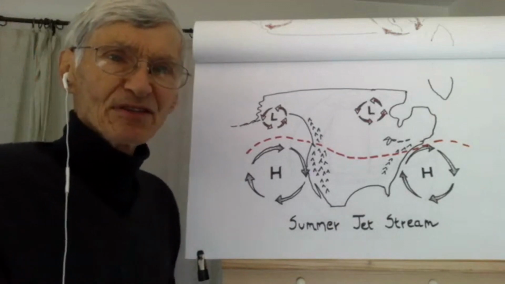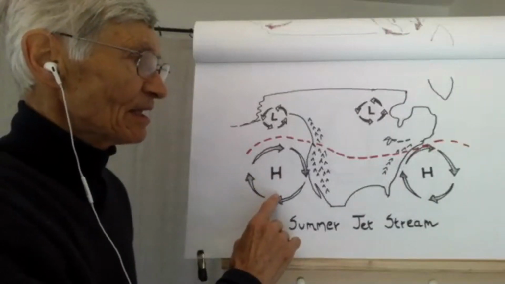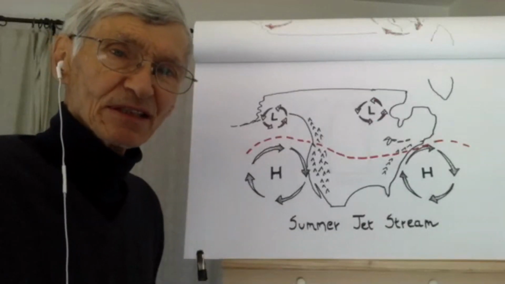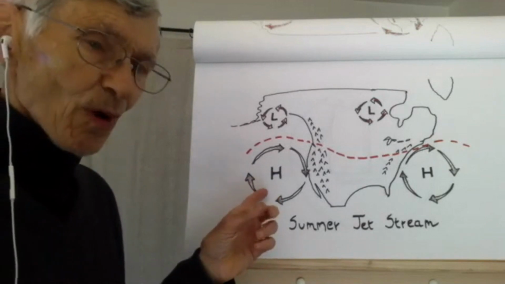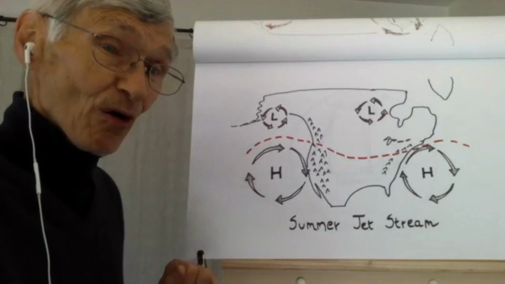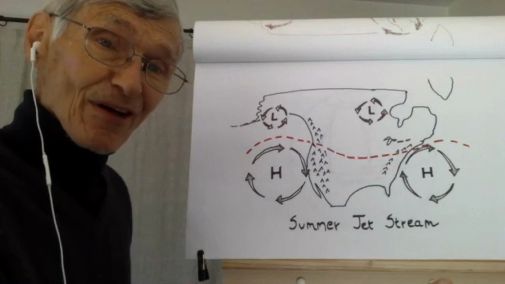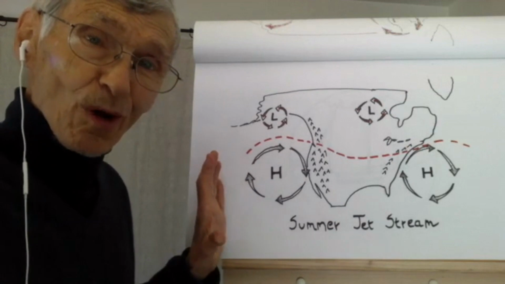And what we found in the study was that the position of the high in Hawaii is harmonic to the position of the high off of the west coast of England. And when the high over Hawaii got small, the very same day, the high over the west coast of England got large. And when the high over the west coast of England got small, the high over Hawaii got large.